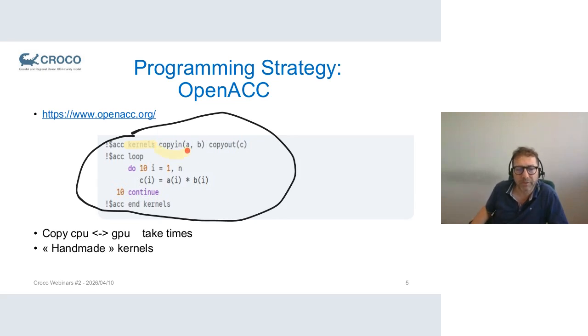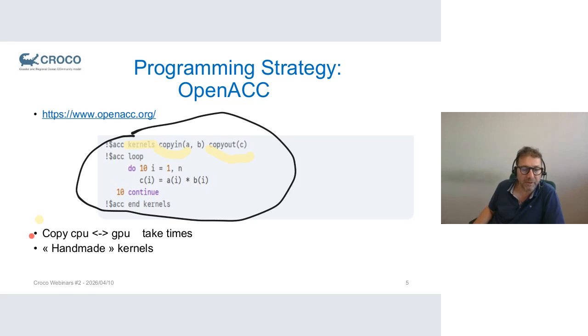There is an example of data transfer from CPU to GPU, and the data transfer back from GPU to CPU. In Croco, everything was, for now, handmade kernels. This means that we look at every loop and we put it in a kernels region.